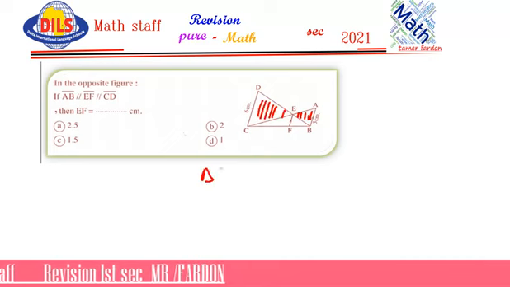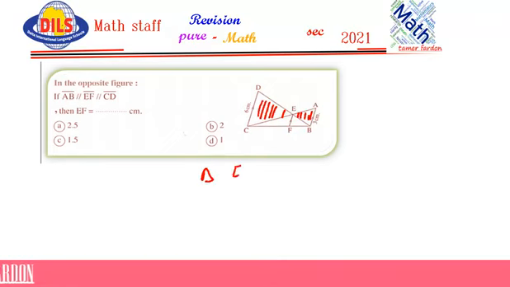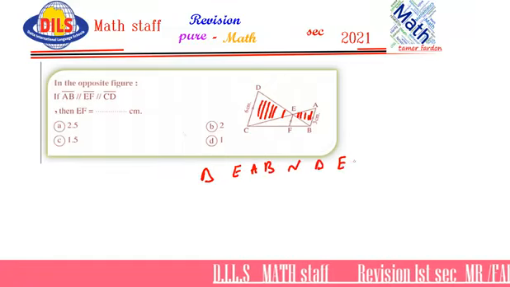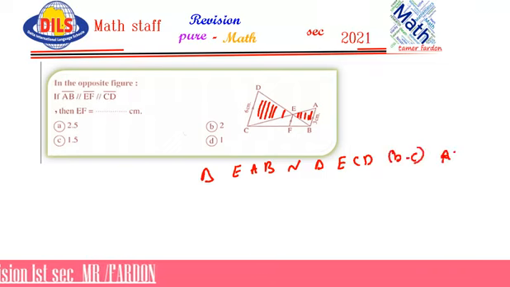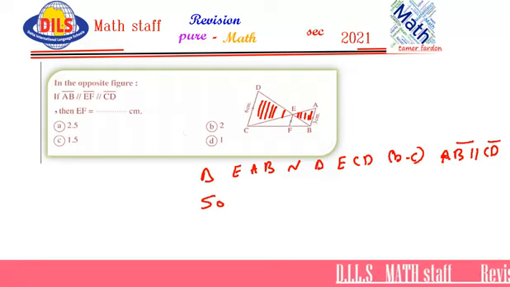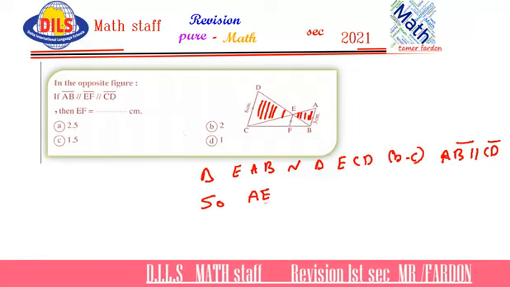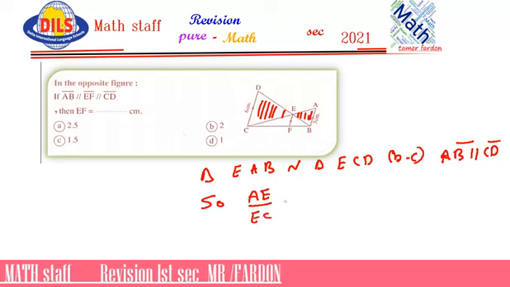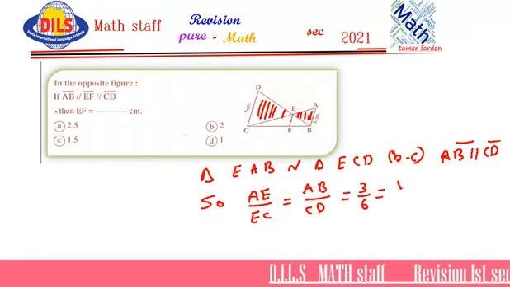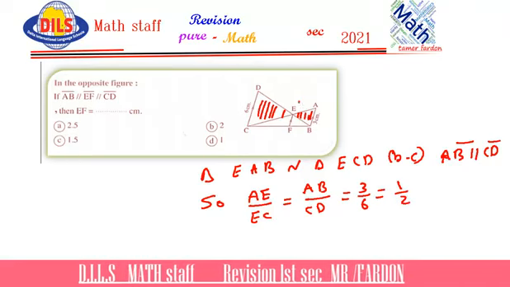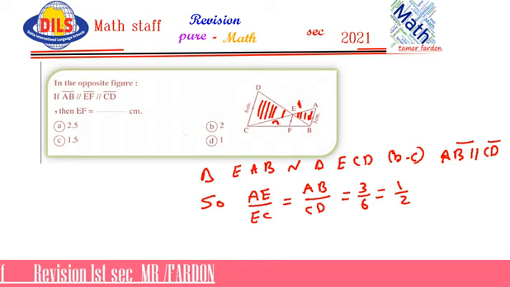Triangle EAB is similar to triangle ACD because AB is parallel to CD. So AE over AC equals AB over CD equals 3 over 6 equals 1 over 2. So the ratio between AE and AC is 1 over 2.